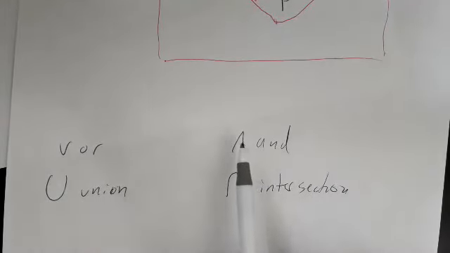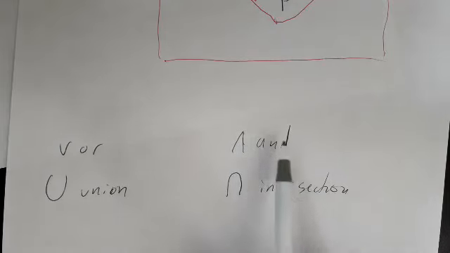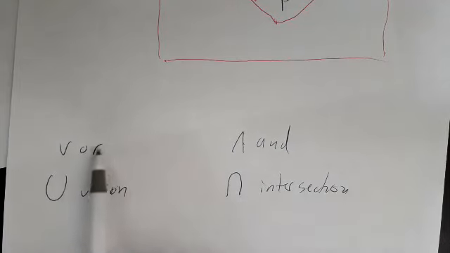So if we're saying it's in this set and in this set, we're saying it's in the intersection of sets, right? So when we talk about members, I think we typically use the word and. When we talk about the sets, we're talking about the intersection. Or if we want a member from this set or that set, what we're doing is we're unionizing the sets. We're adding the sets together.